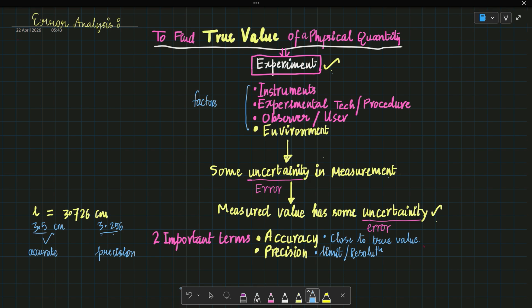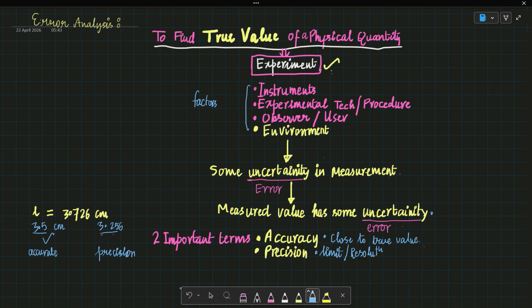So because of these factors, there will always be some error or uncertainty in the measurement. So our measured quantity will always have some uncertainty or some error in its measured value.